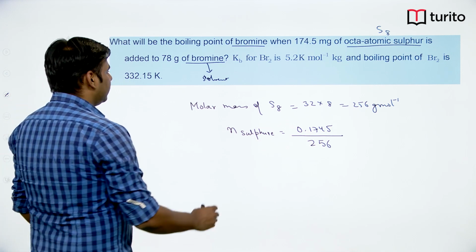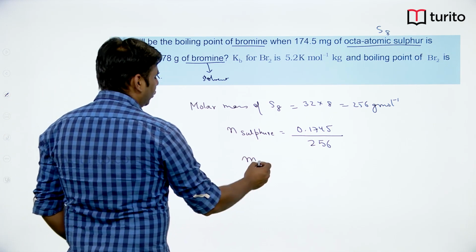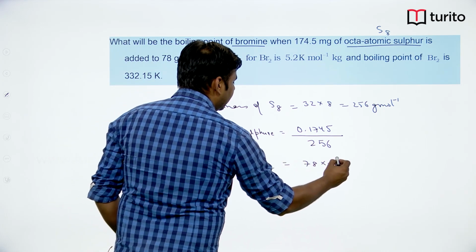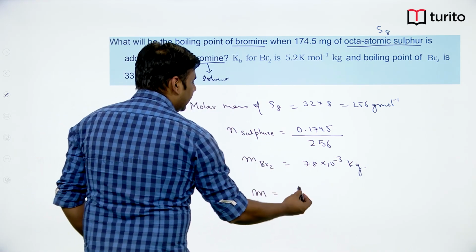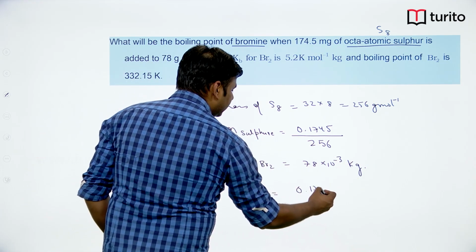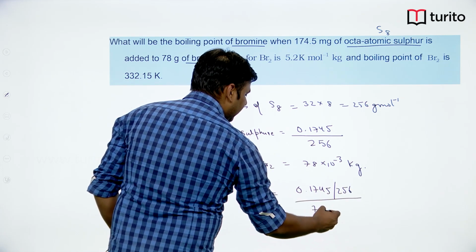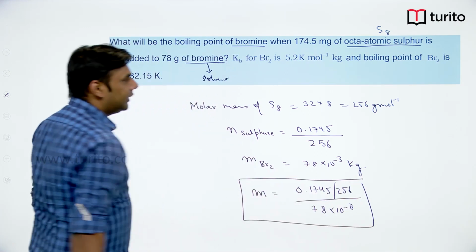The mass of bromine, the solvent, is 78 into 10 raised to minus 3 kg. So the molality of this solution would be number of moles of solute, 0.1745 divided by 256, upon 78 into 10 raised to minus 3. From this data you can calculate the molality.